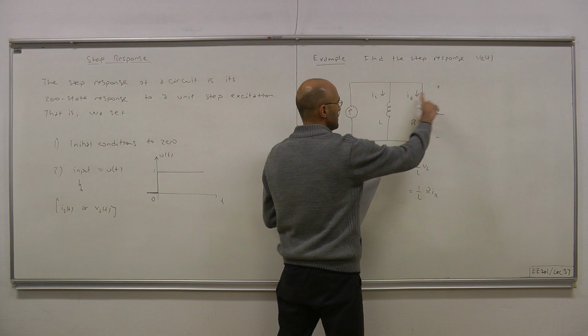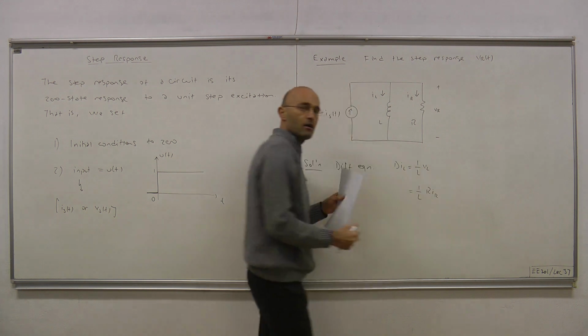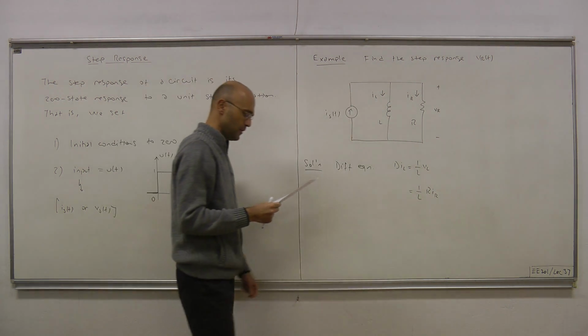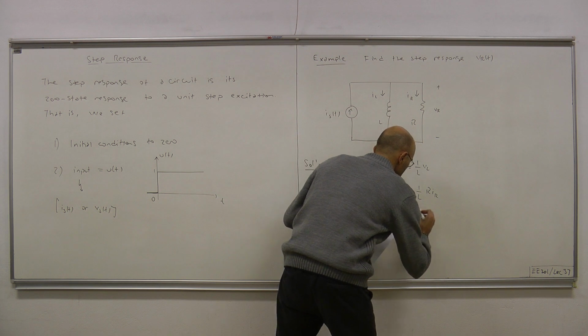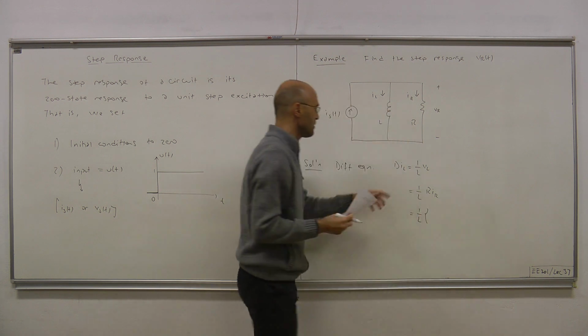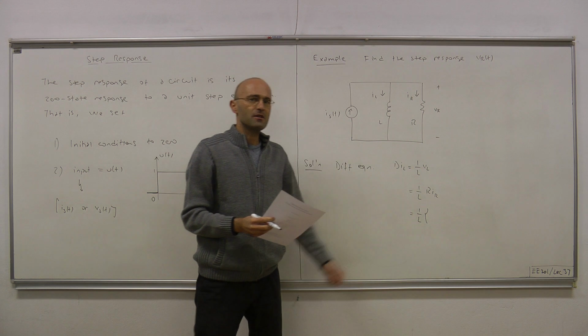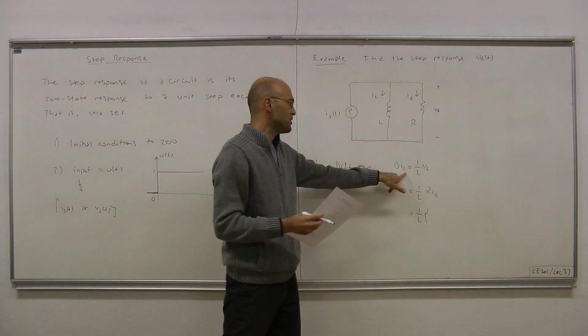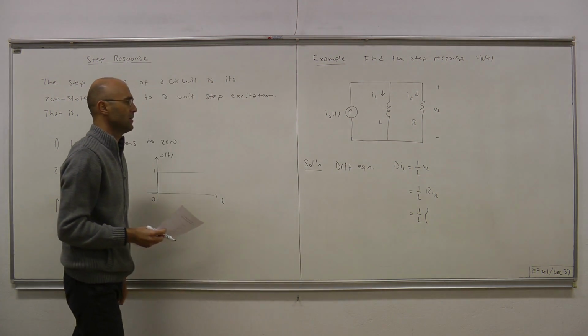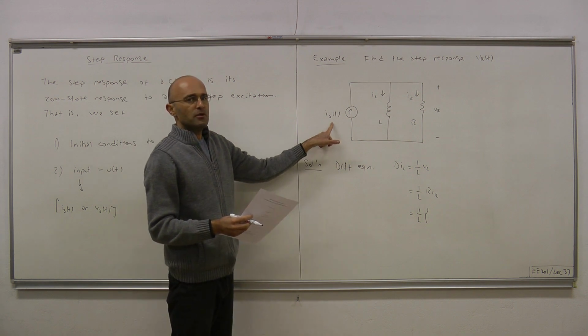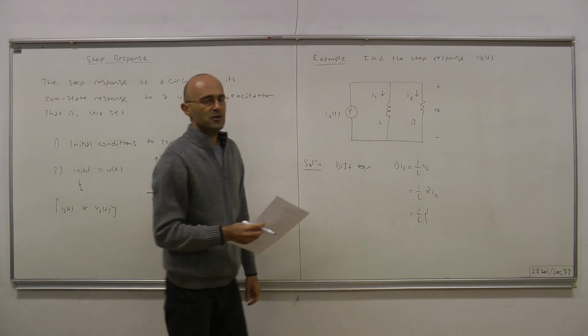Okay. v_L is v_R and v_R is R i_R, the terminal equation of the resistor. And finally, we want in our equation only the variable of interest, which is in this case the inductor current, and the terms coming from the input. So we want only i_L and i_S.